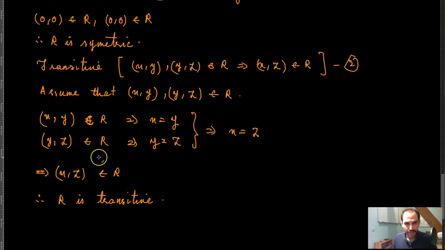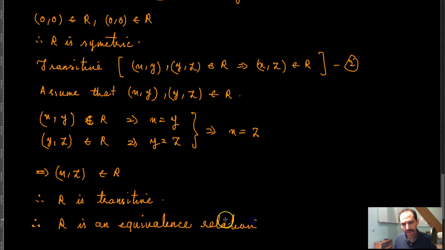And so R is transitive, symmetric, and reflexive, and so R is an equivalence relation, right?